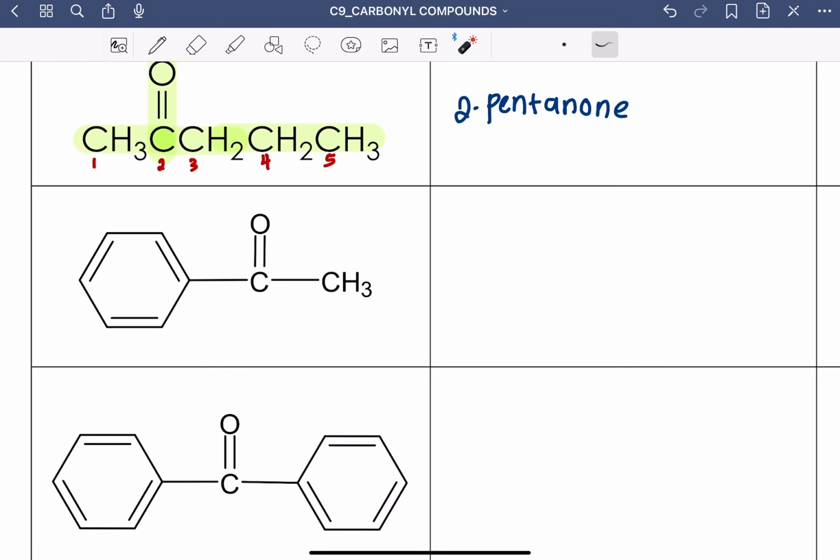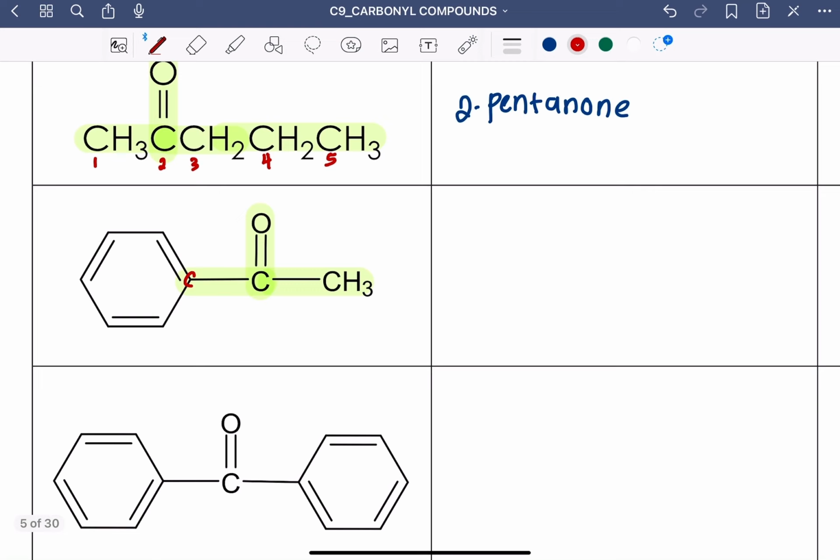Okay, and then the next one is we have this. Oops, sorry. 1, 2, and 3. Don't forget, this is actually carbon. But how do we name it? Okay, we are going to number this as carbon number 1, 2.